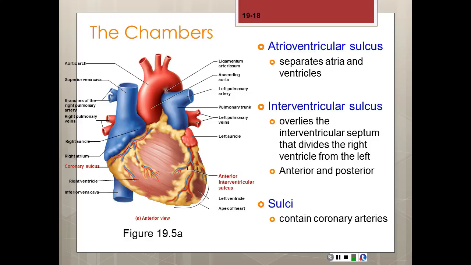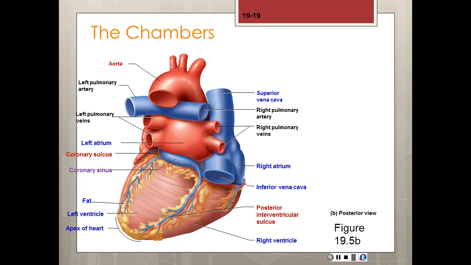These two sulci overlie an internal wall, the interventricular septum, and that septum is what divides the left and right ventricle. So here is our posterior interventricular sulcus, and if you remember in the diagram of the heart, there was a little thick structure that separated the left and right ventricle.